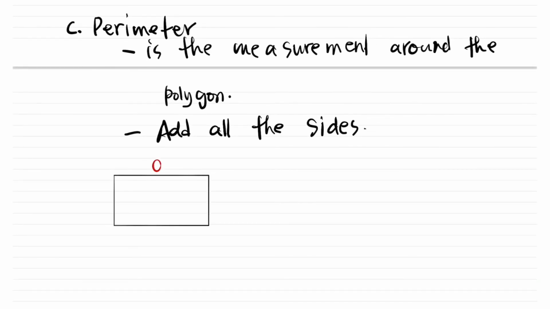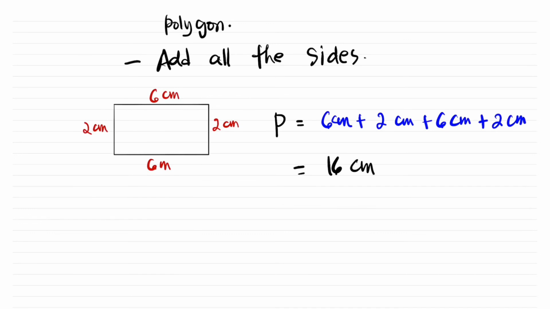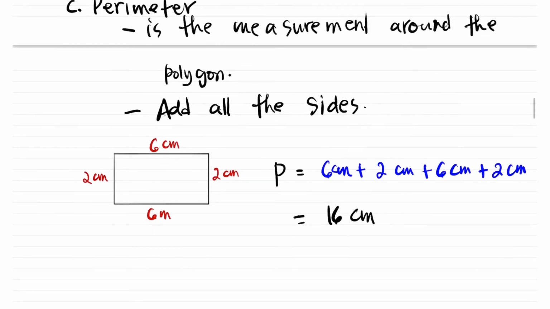So if we have 6 centimeter, 2 centimeter, 2 centimeter, and 6 centimeter, to find the perimeter, we just have to add. So it would be 6 centimeter plus 2 centimeter, plus 2 centimeter plus 6 centimeter. So therefore our final answer to that would be 16 centimeter. So that is the perimeter of any polygon. You just have to add all the sides.